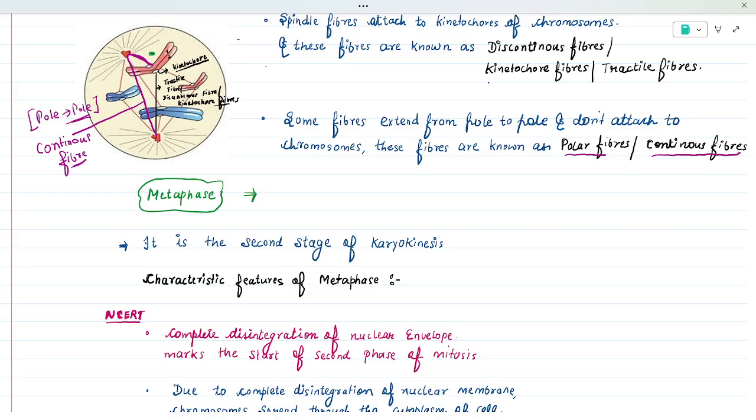So in transition to metaphase, we have studied two types of fibers: one are discontinuous fibers, another are continuous fibers. These fibers are important to understand because in NCERT it is just shown by diagram and explained somewhat in the metaphase stage, but what I am going to explain in the metaphase, you will get more clear about this stage.